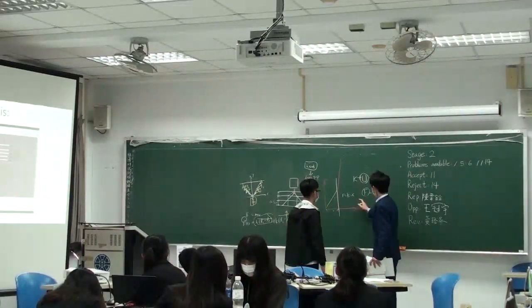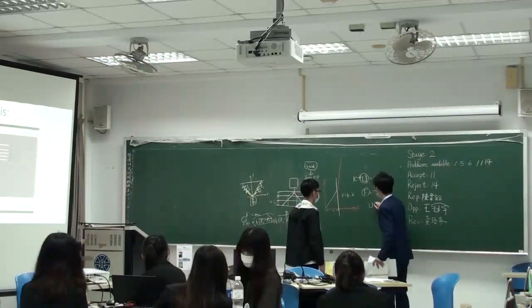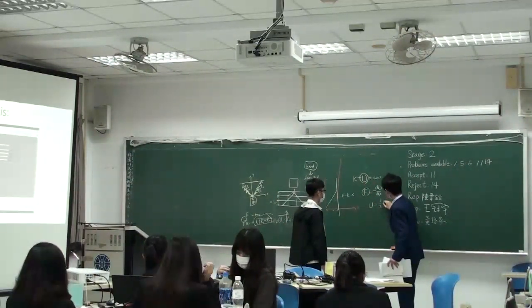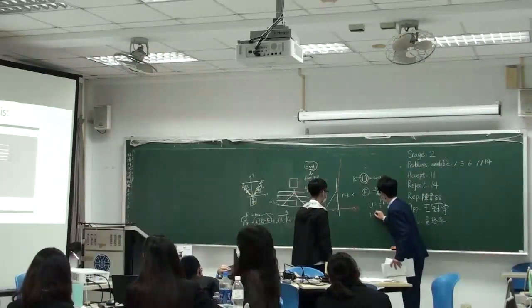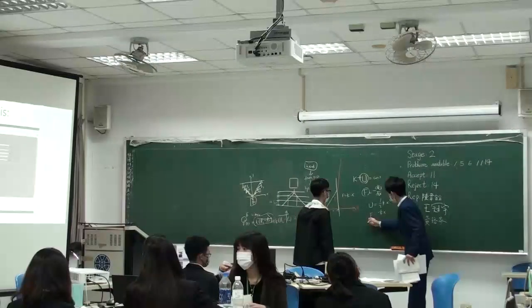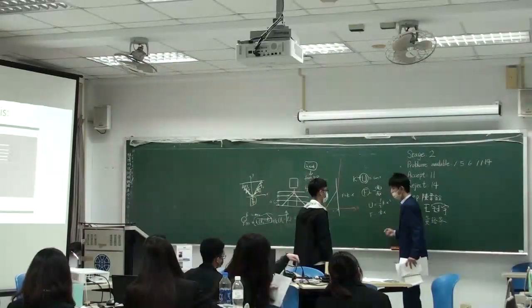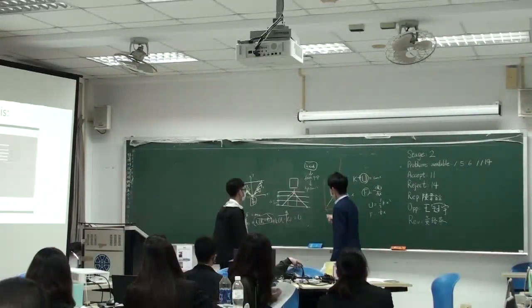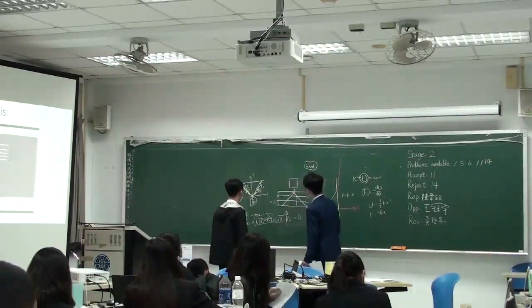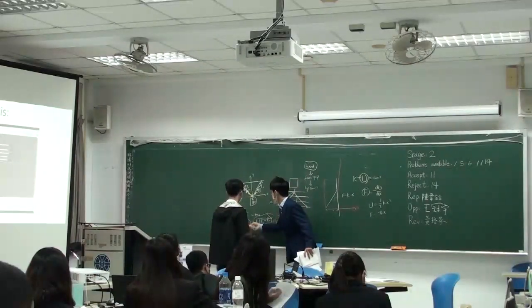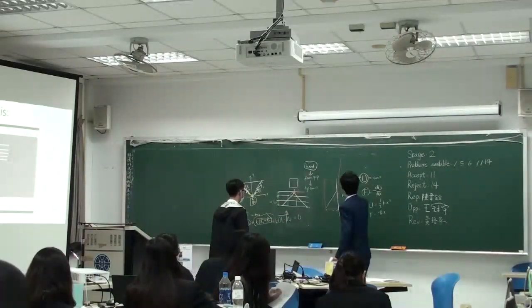And in the spring, we have the equation U equals half kx squared, so we have F equals negative kx. So F of the spring is conservative. In this case, this force is conservative.